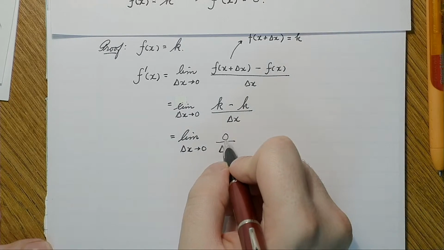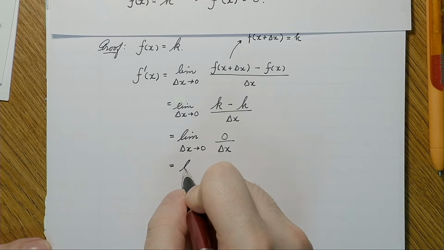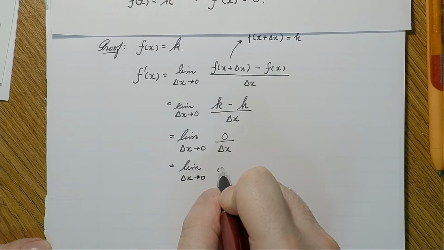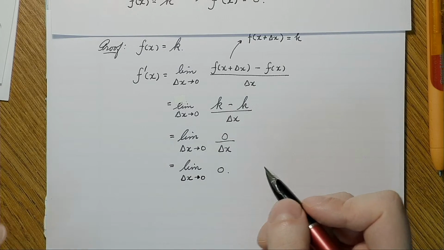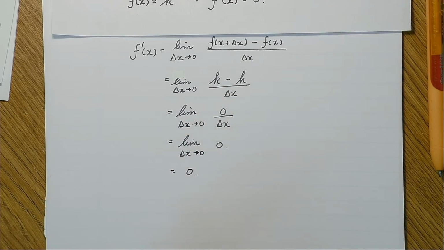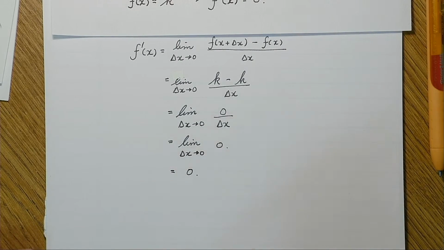Yes, but I have 0 divided by something, so that's still 0. And the limit of a constant is a constant, and in this case that constant is 0, so that's equal to 0. Perfect. That's it.